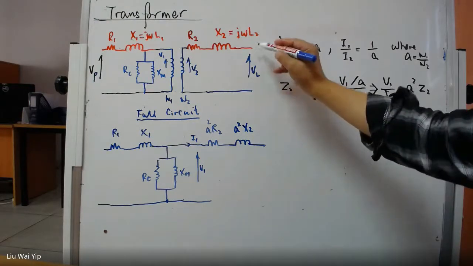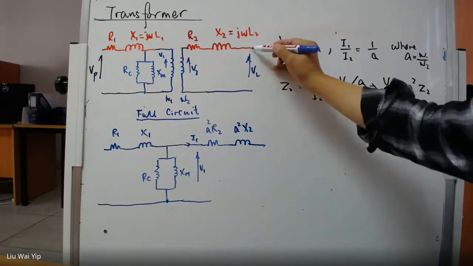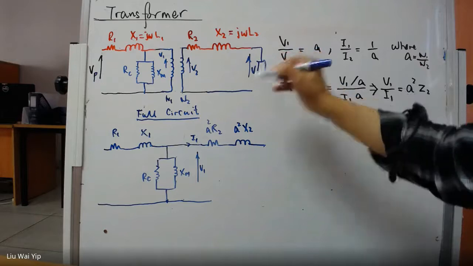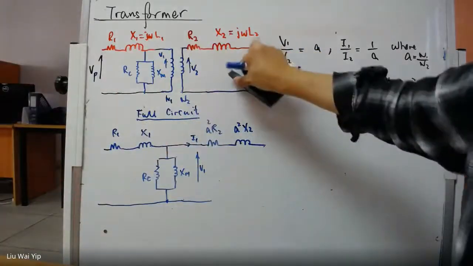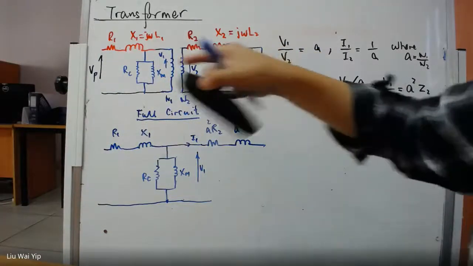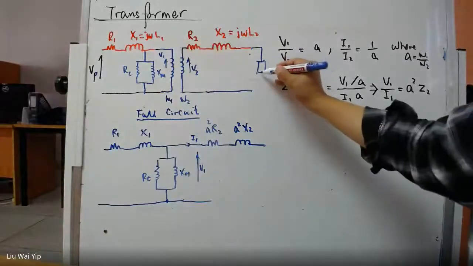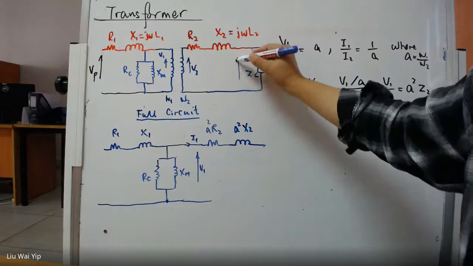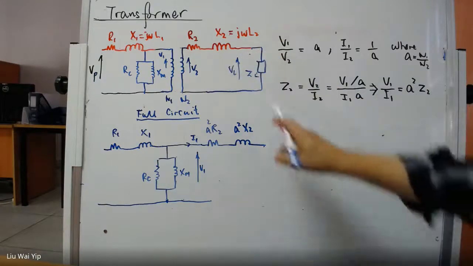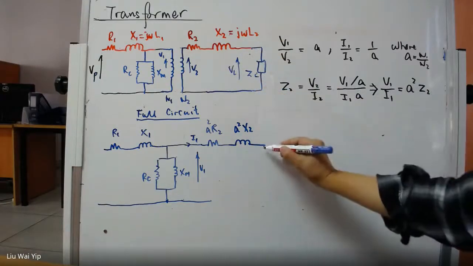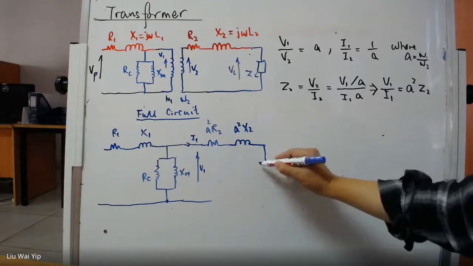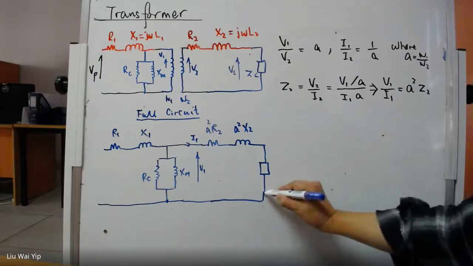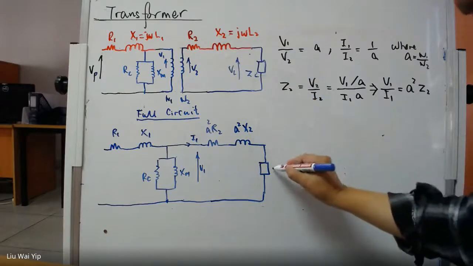And if there is any load here, presumably, this is the ZL. We don't know what kind of impedance it is, but ZL will be equally converted to the primary.